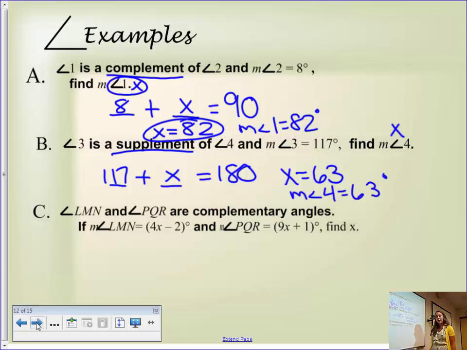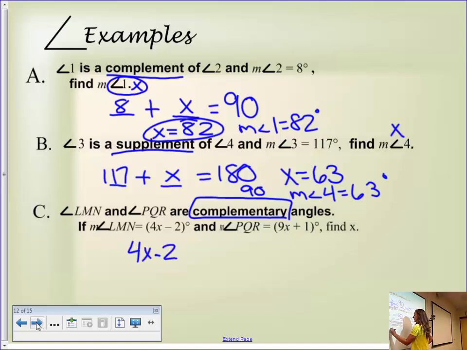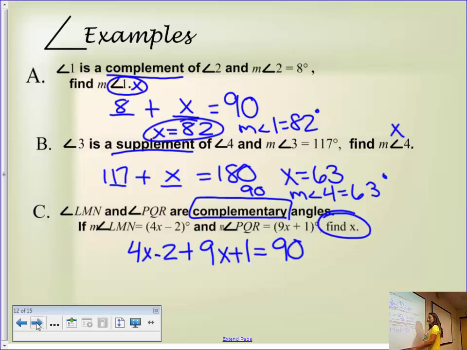The last one has some variables, setting up more of an equation, where the two angles are complementary. So we're still going to do the 90 degrees, but now we just have some more x's. Angle LMN, 4x minus 2, plus angle PQR, 9x plus 1, should add up to 90 degrees. This one is just solving for x, so we'll go ahead and do the algebra.